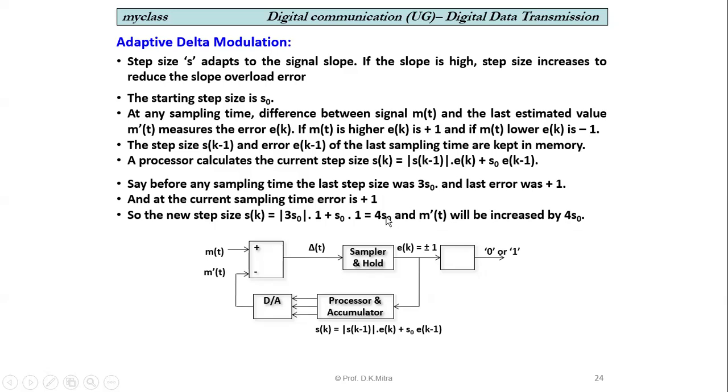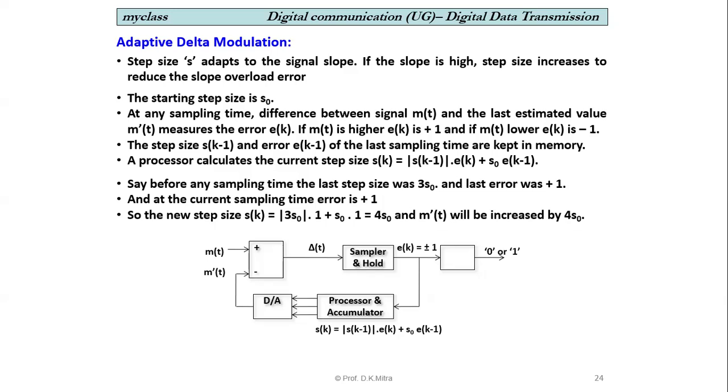That means the system remembers that in the last sample also, the signal was overtaking my sample value, and as a result, in the last sample my step was 3S0. This is remembered by the circuit. Now I find in the present sample also the signal is overtaking my sample, so I increase it from 3S0 to 4S0.